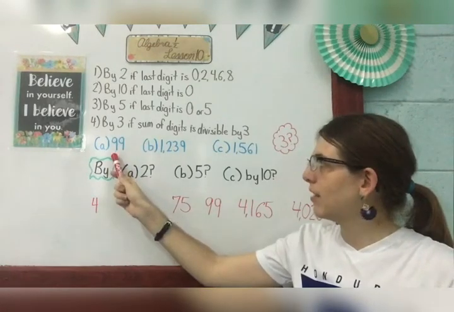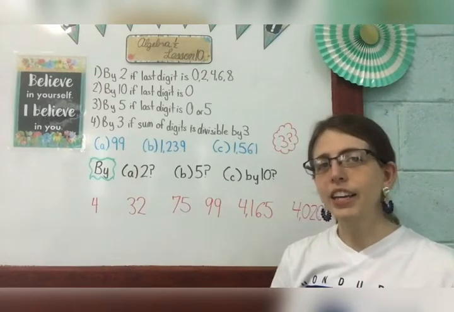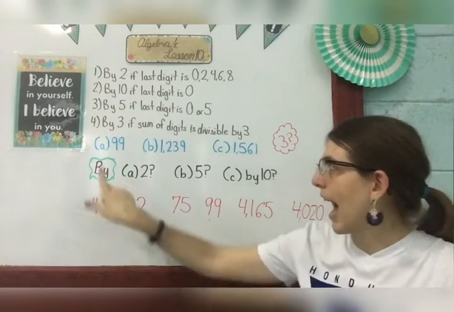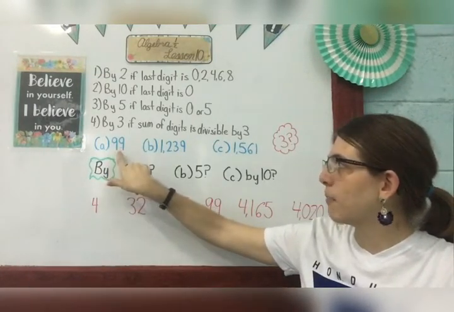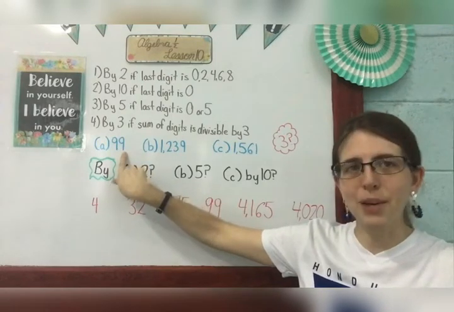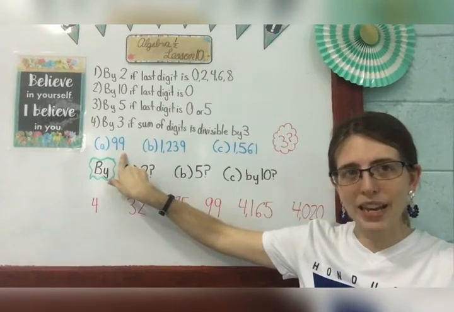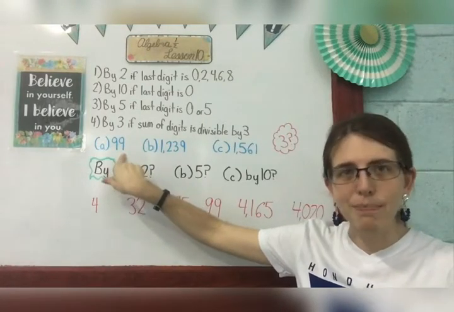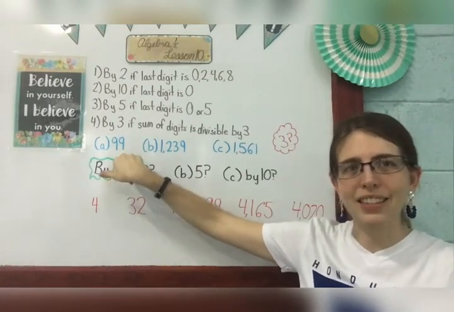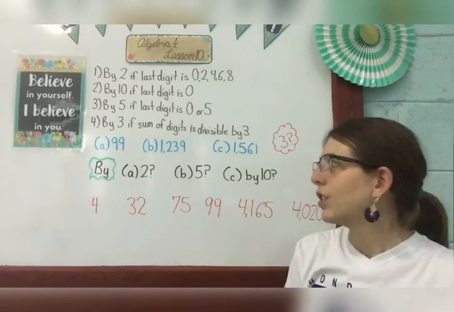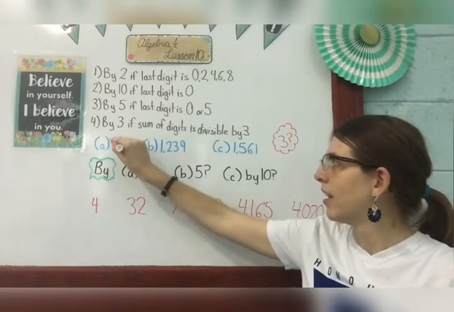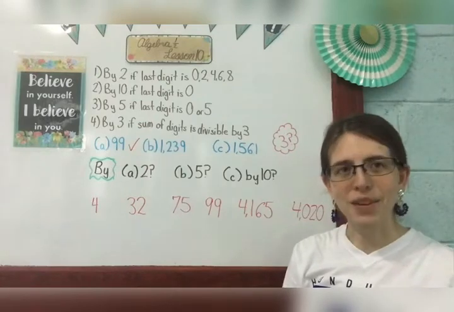So that means for A, 99, I can find out if it's divisible by 3 by adding my digits. 9 plus 9. What does that equal? 18, right? Is 18 divisible by 3? Yes, because 18 divided by 3 is 6, a whole number, no remainder. So I know that this one is divisible by 3.